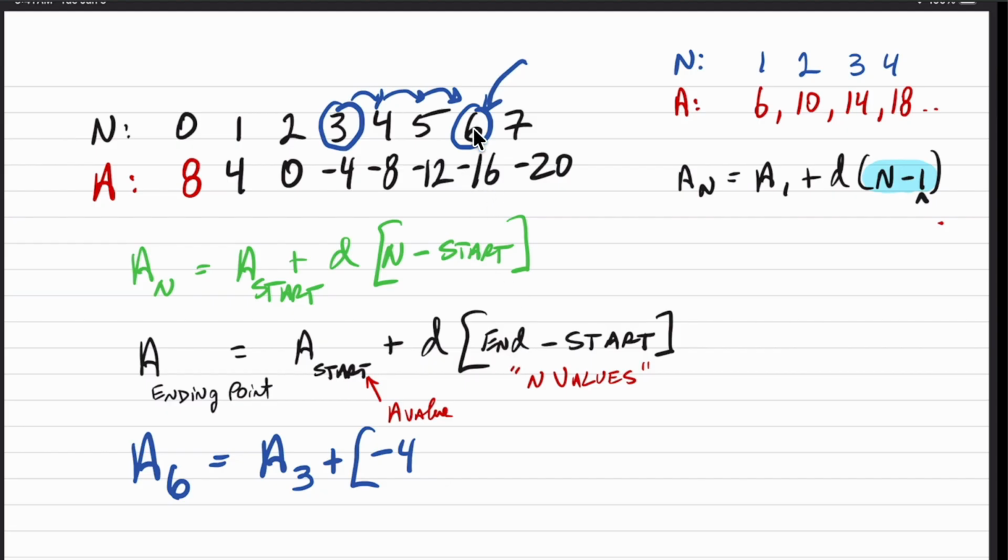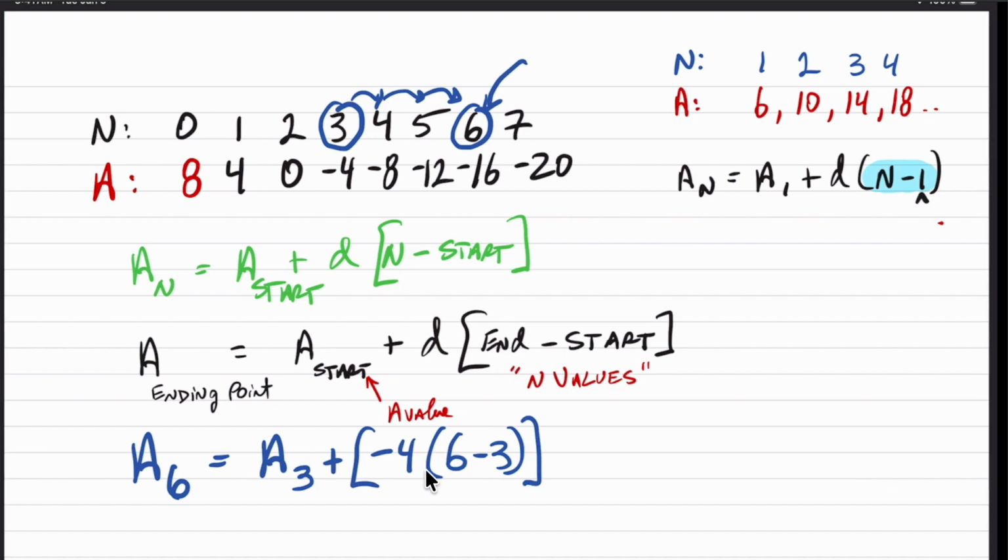The end n value minus the n start value. So that's going to be, in this particular case, 6 minus 3. And that's because there's 3 steps. 3 to 4 is 1, 4 to 5 is 2, 5 to 6 is 3. So that is going to be how many times we're adding negative 4.